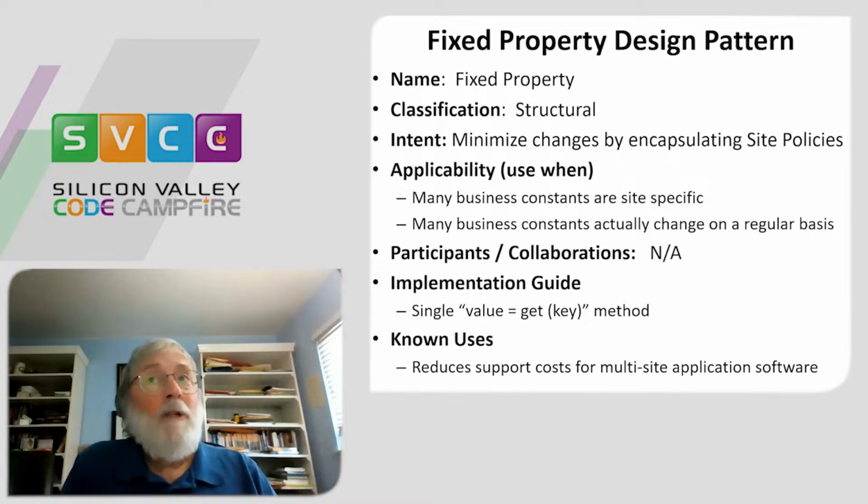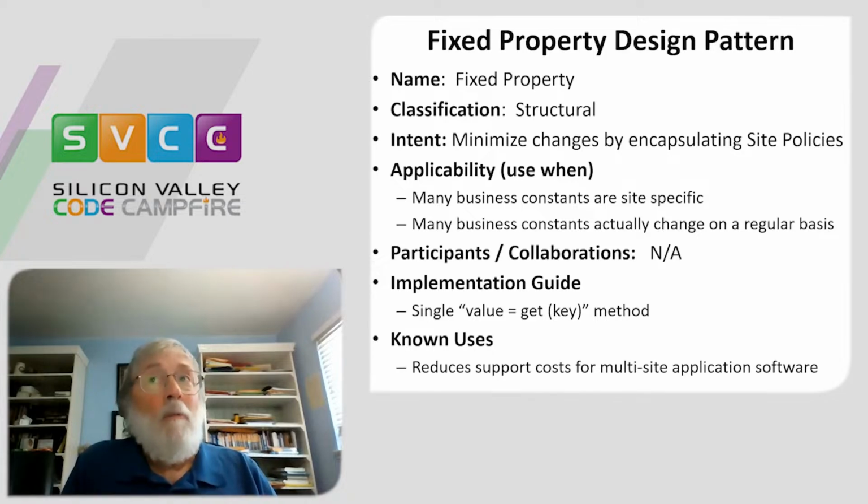Let's make it into an object, and let's try to figure out what the interface looks like to that object. When we do that, we realize, well, if we had an object that you would give a key, you'd say, what's the value of this? And you get back a value, that'd be great. I have no idea how I'm going to do that, but I know that if I'm going to do that, that would be the object that would help me pull all of those numbers out of the code.